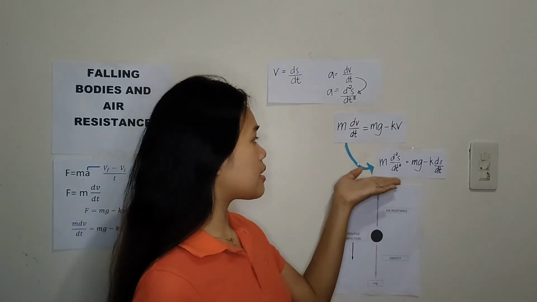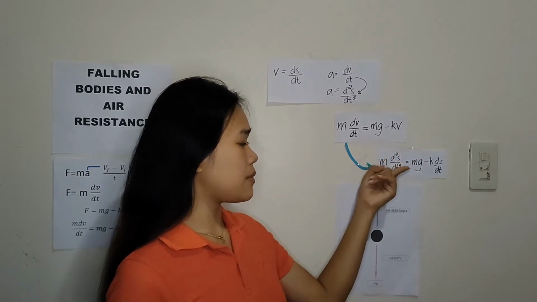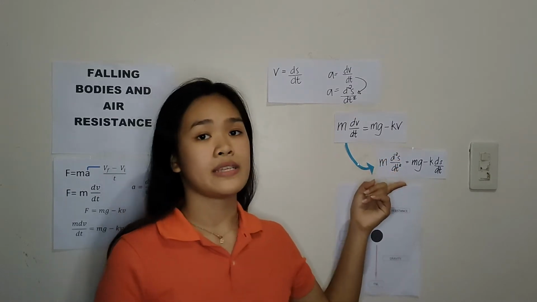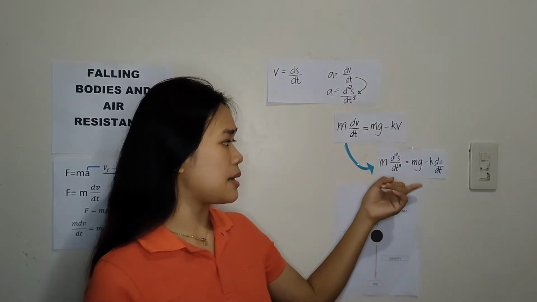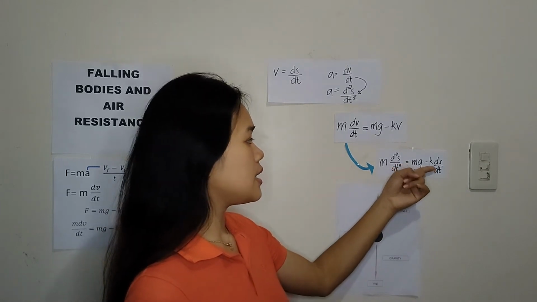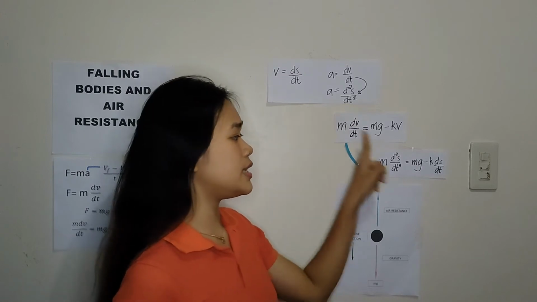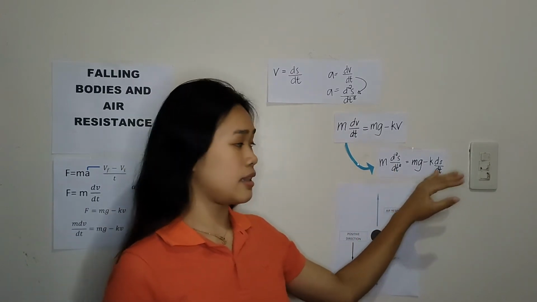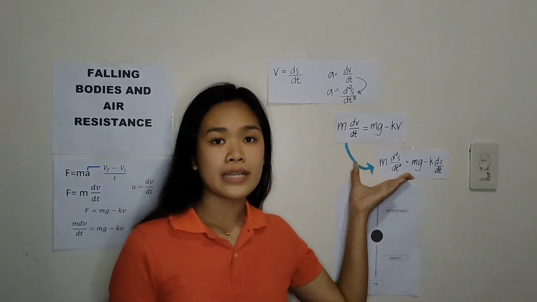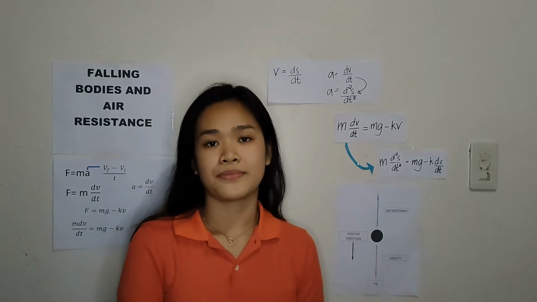Kaya magiging m second derivative of s over dt squared equals mg minus k, yung v natin magiging ds over dt. Papalitan lang natin, and ayun na, ito na yung last equation na natin.